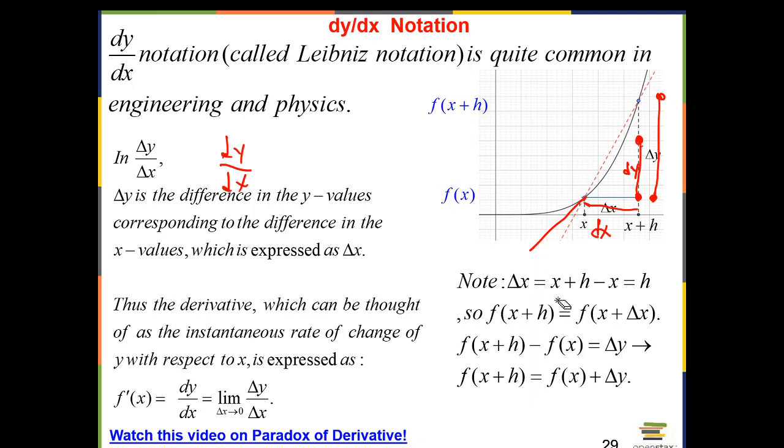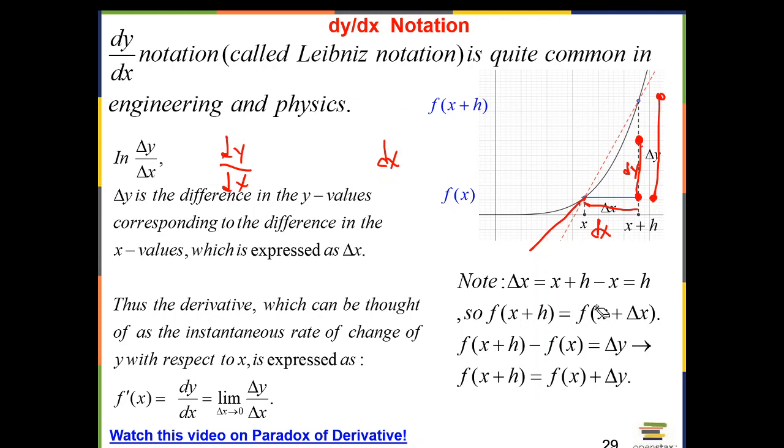Okay? And then, so we know that delta x here is x plus h minus x. So it's h or dx, the same thing. And f of x plus h is f of x plus delta x. So you can think of this as, h is the same as delta x, right? The same as dx. All of those are the same. But we use delta x because dx has a meaning that we actually did the limit and we got this out of the limit.